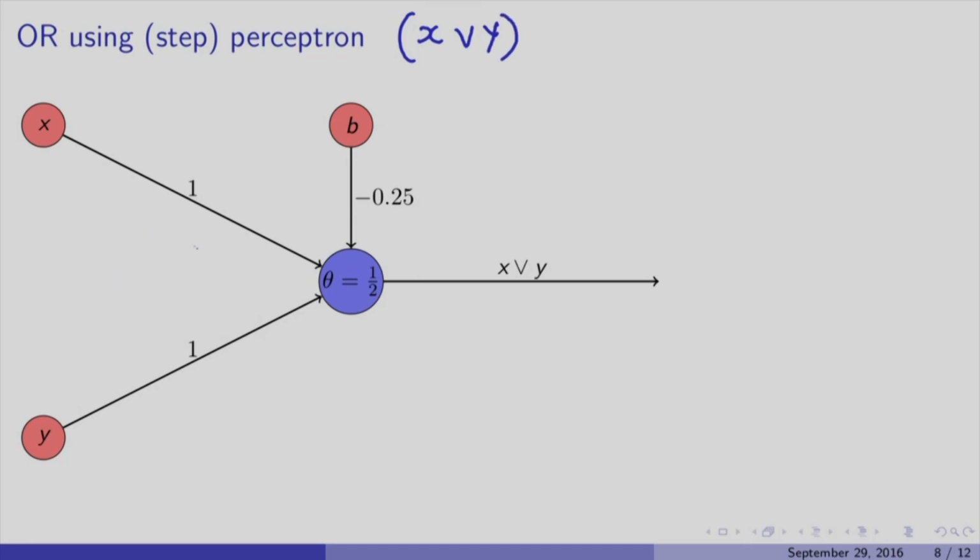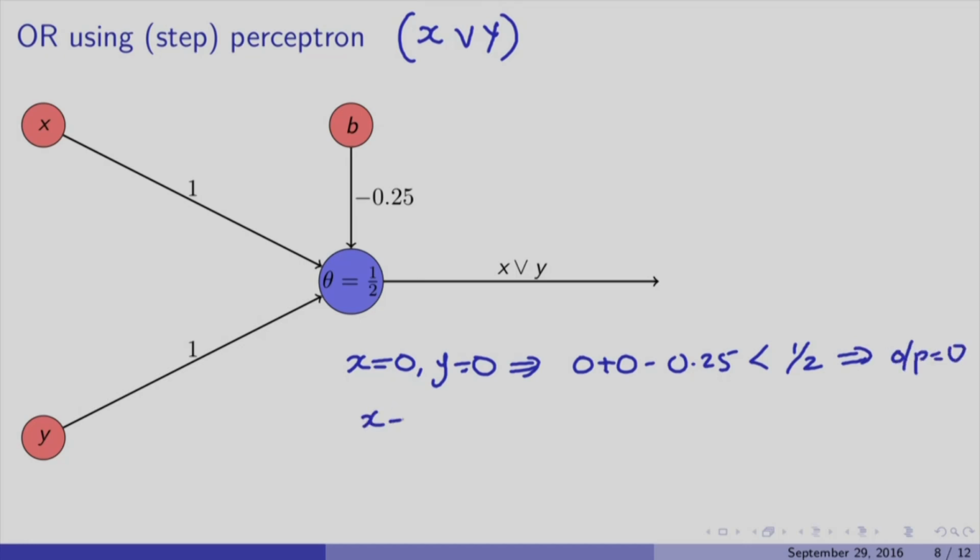One can convince oneself that this simple perceptron gives you separation. x equals 0 and y equals 0 implies that you are looking at 0 plus 0 minus 0.25, which is certainly less than half, which means that the output should be 0. x is 1, y equals 0, and in fact the same holds for x is 0, y is 1, you get 1 plus 0 or 0 plus 1 minus 0.25, which is indeed greater than half.